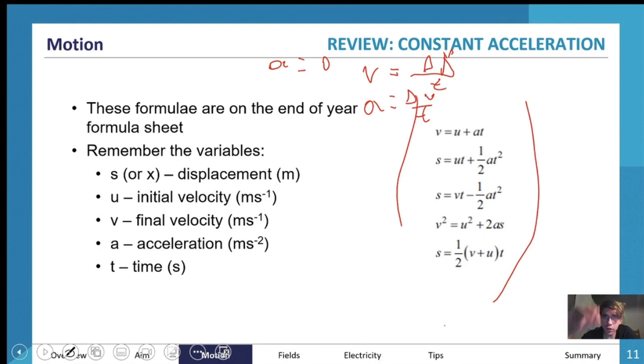So if velocity changes by the same amount for every second, then acceleration is constant. If the velocity increases more for every second, then acceleration is increasing. We do not deal with change in acceleration formulas at the moment, not in VCE physics.